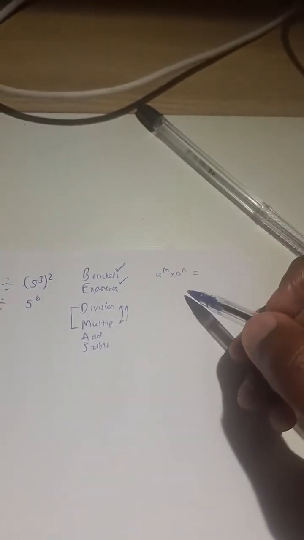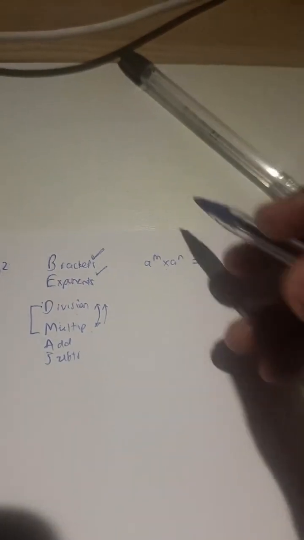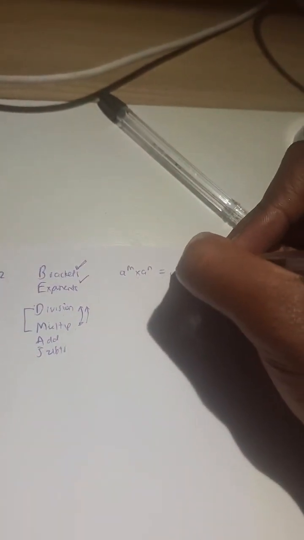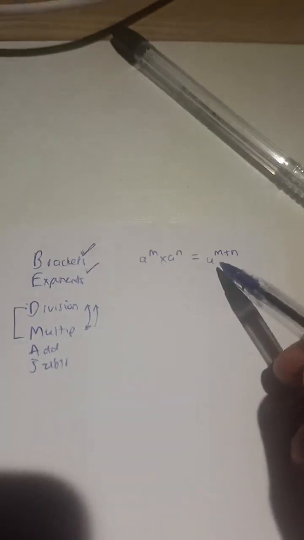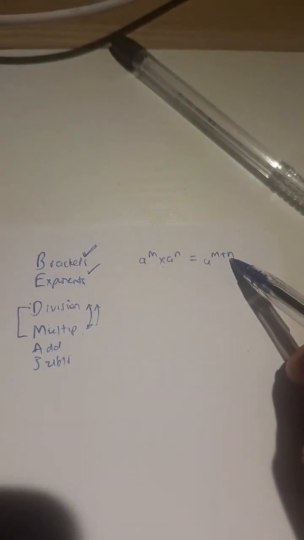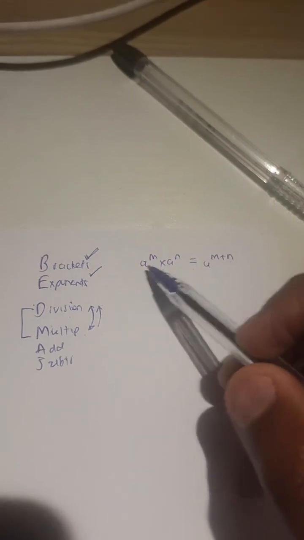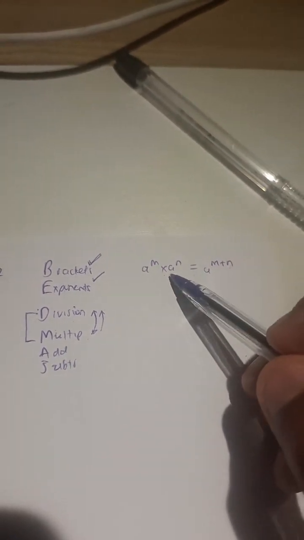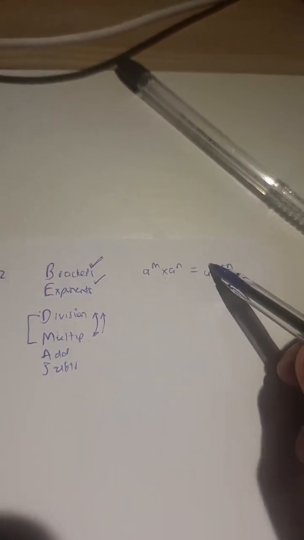So I hope you understand and remember that if you are multiplying same bases, let's say a to the power m times a to the power n, we know that we keep the base and then we add the exponents. So if we are multiplying same bases, we keep the base, we add the exponents.